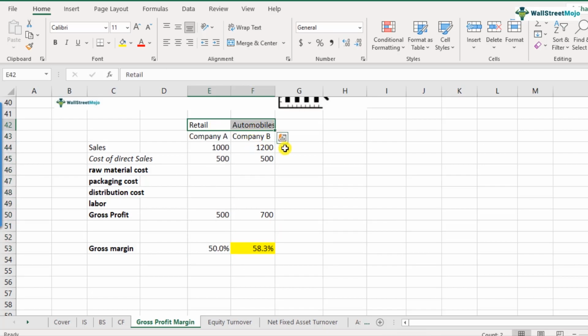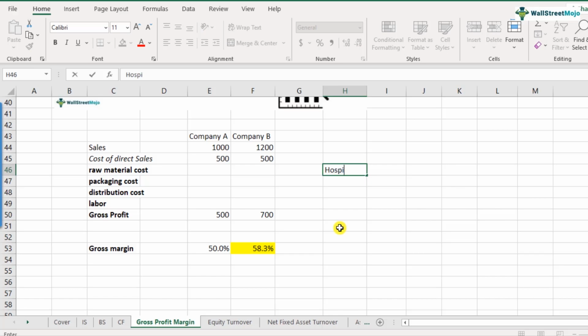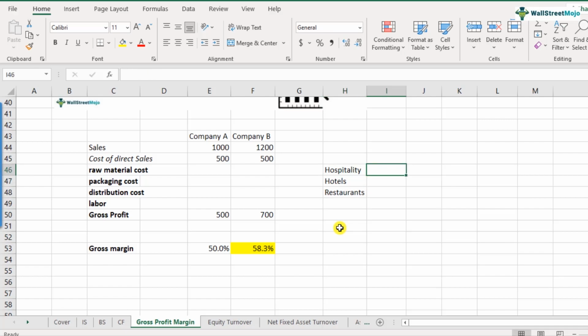They have to be in the same industry altogether. Only then can you compare. Some of the industries where you will find very high gross profit margins could be hospitality, hotels, and restaurants. These are the industries where you will typically find higher gross profit margins, somewhere around 75%.